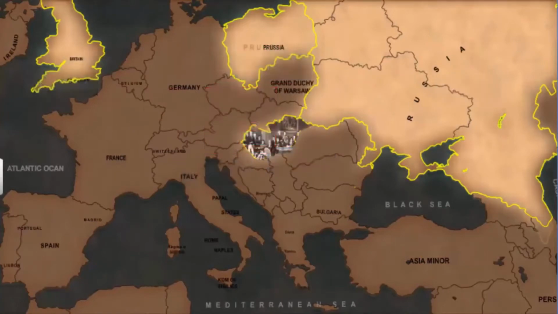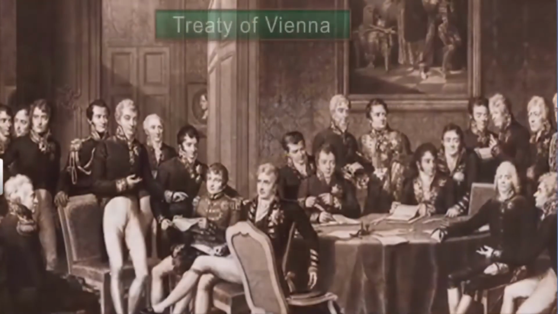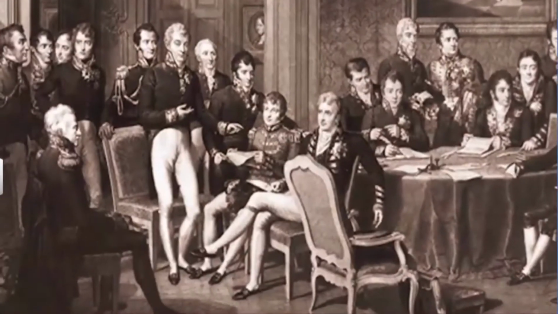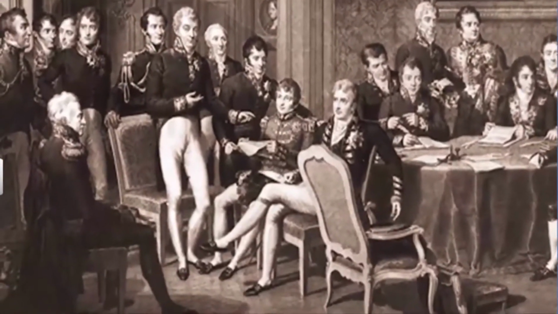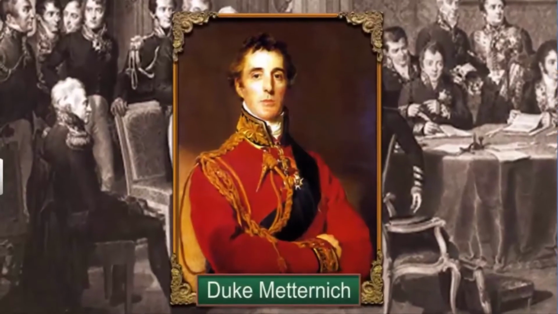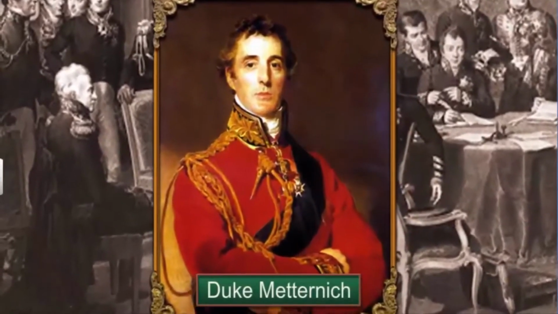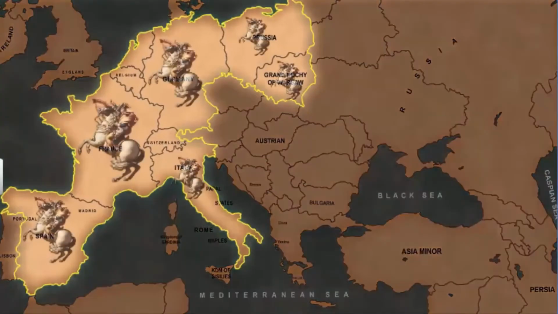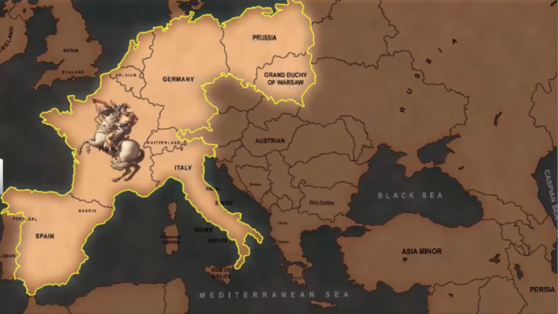This meeting is also known as the Treaty or Congress of Vienna. The chief architect and host of this treaty was the Austrian Chancellor, Duke Metternich. The purpose of this treaty was to undo all the territorial changes that had taken place during the Napoleonic Wars and create a new conservative order in Europe.